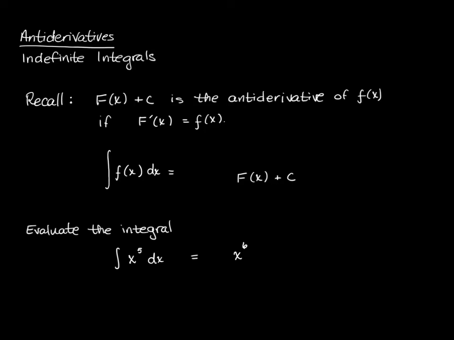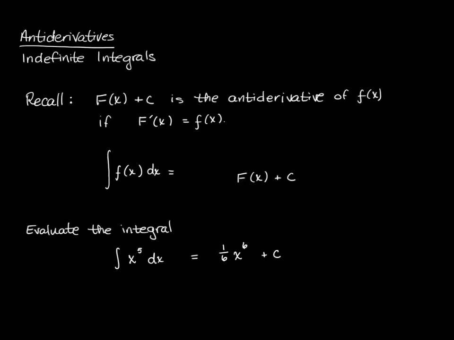The problem is that the derivative of x to the sixth is 6x to the fifth, not just x to the fifth. To account for that extra factor of 6, we divide by 6, or multiply by 1/6. And then, of course, we must include plus c, because 1/6 x to the sixth is only one possible antiderivative of x to the fifth.